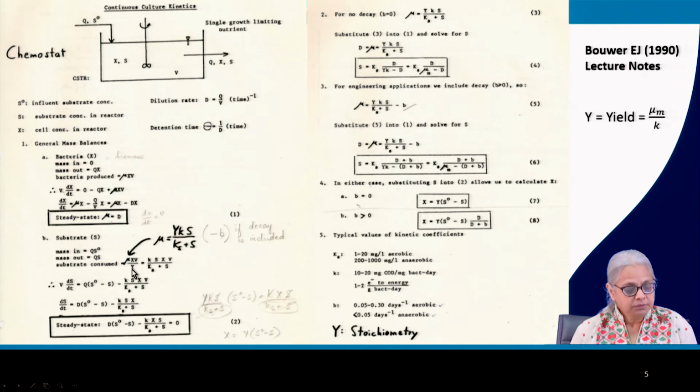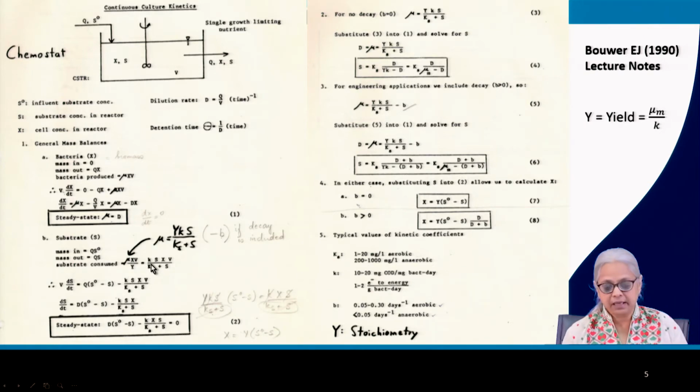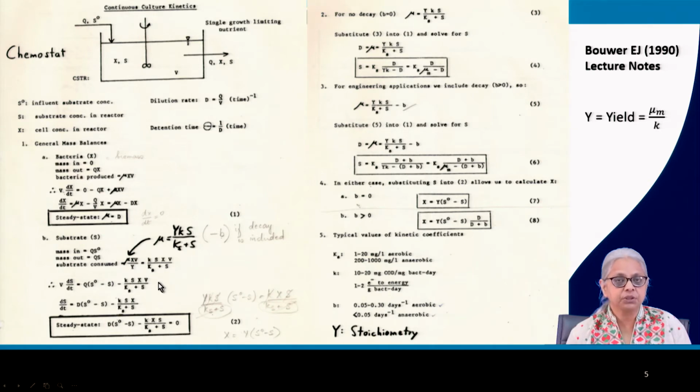So this can also be expressed in terms of substrate, and like I said, we've already done this, so I won't repeat it here. This is equal to kxS divided by Ks, capital Ks, which is the half velocity constant, plus the substrate concentration.